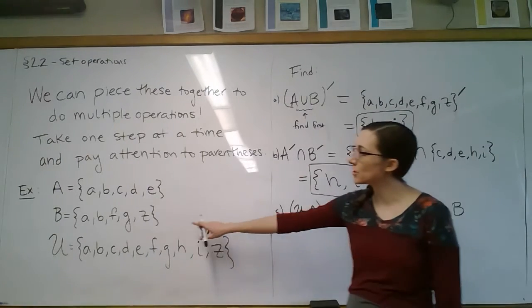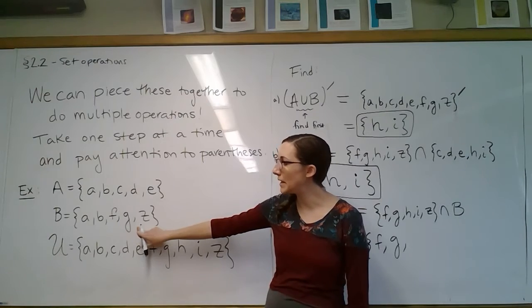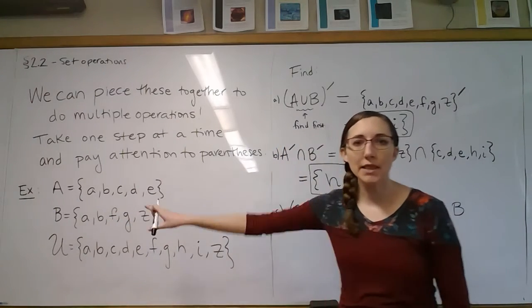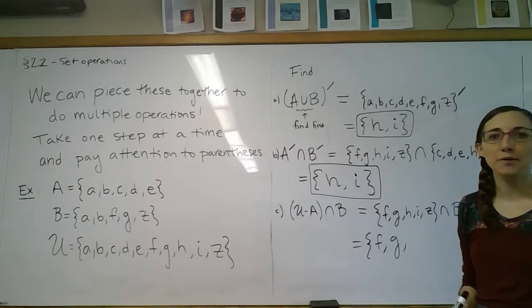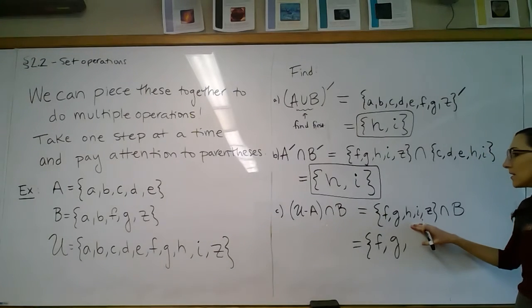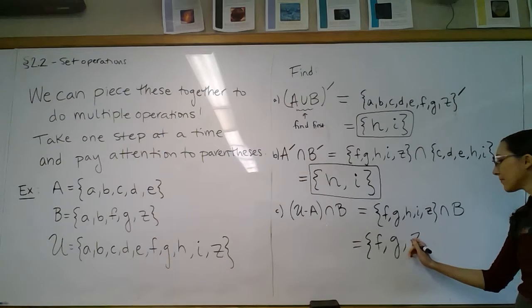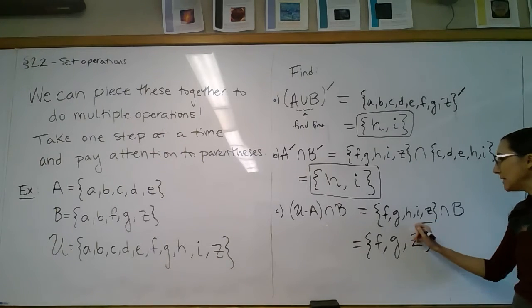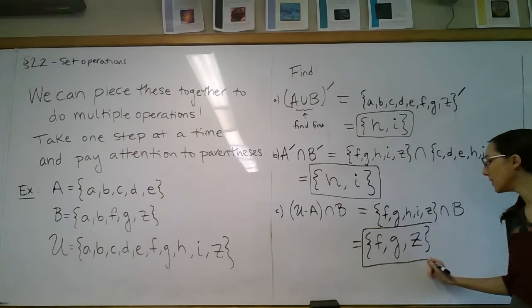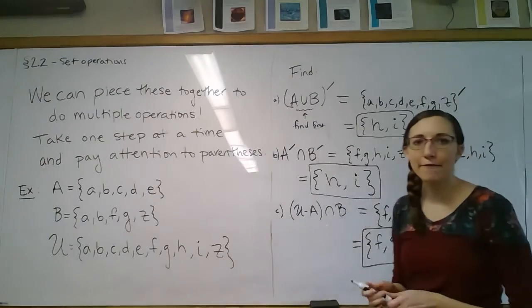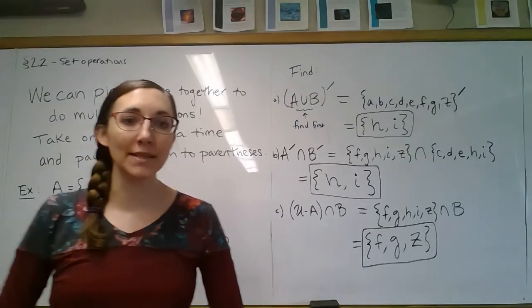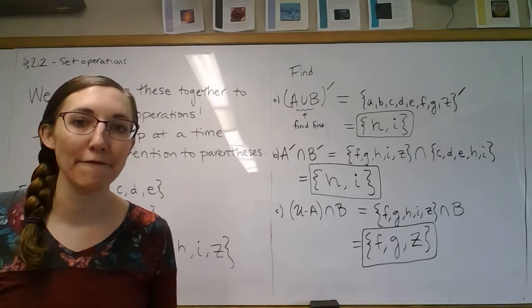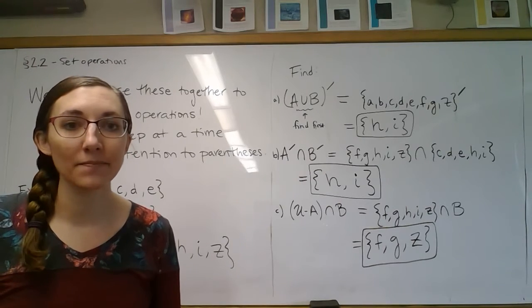No, because look, H is not in B. Notice I also didn't take the A or the B from over there because they were not in this set that we found. I don't keep I, but I do keep Z. So there are three elements common to these two sets. They're F, G, and Z. So my new set is the set containing F, G, and Z.